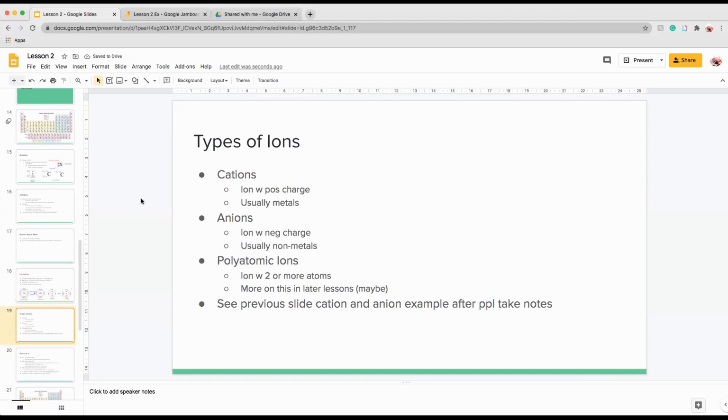Types of ions. An ion with a positive charge is called a cation. Usually metals, when they turn into ions, will have a positive charge. And an ion with a negative charge is called an anion. Usually nonmetals will form anions.